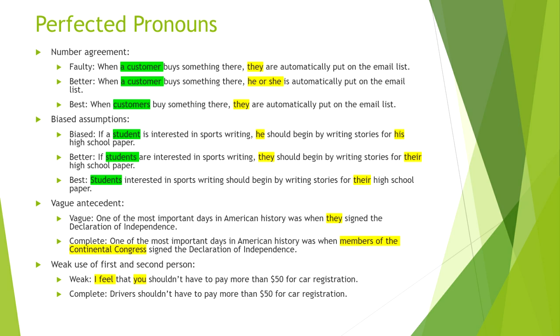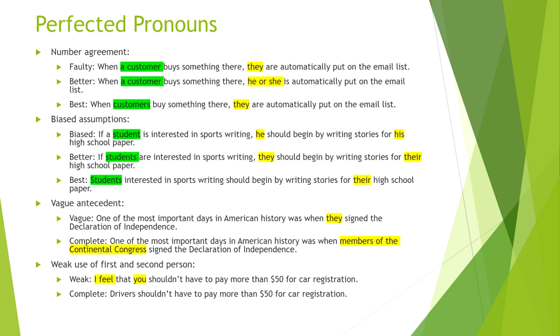Okay, now in speaking of the gender issue, be careful about biased assumptions appearing in your paper when you didn't really intend that. So if a student is interested in sports writing, he should begin by writing stories for his high school paper. So the antecedent is singular, a student, right?